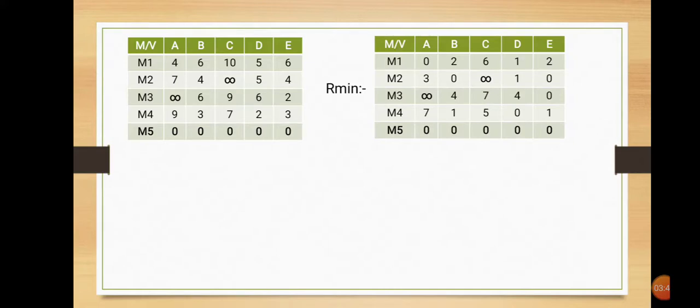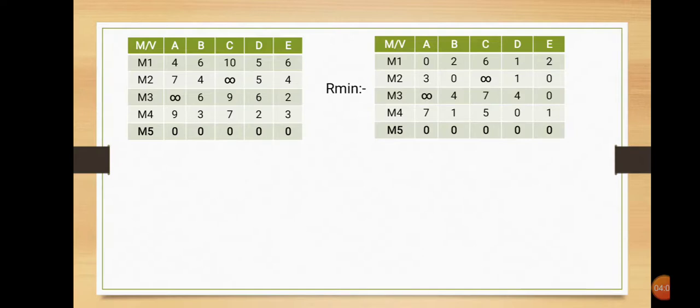Then, simple. In the second row, 4 is the minimum and this value is subtracted from all of these. In the third row, 2 is the minimum, and in the fourth row, 2 is the minimum, and in the fifth row, 0. Here the fifth row is all 0.